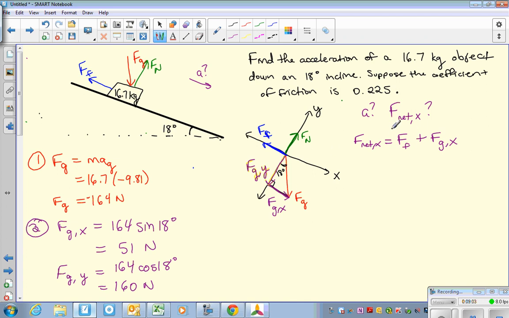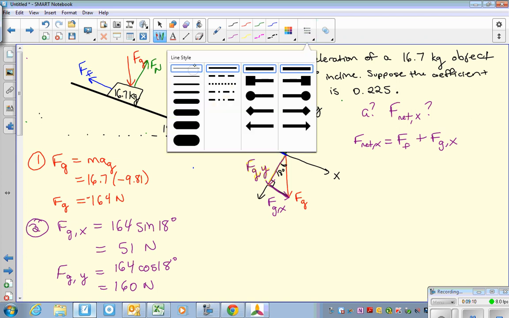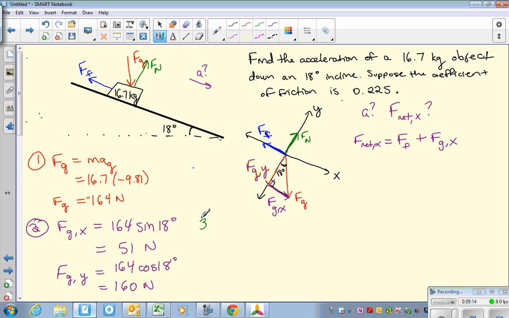But in order to find the friction, we need to find normal force. So your next mission is to find normal force. And hopefully you accept this mission, and that normal force, we need to look at the y direction. In the y direction, normal force and gravity in the y are the only things.